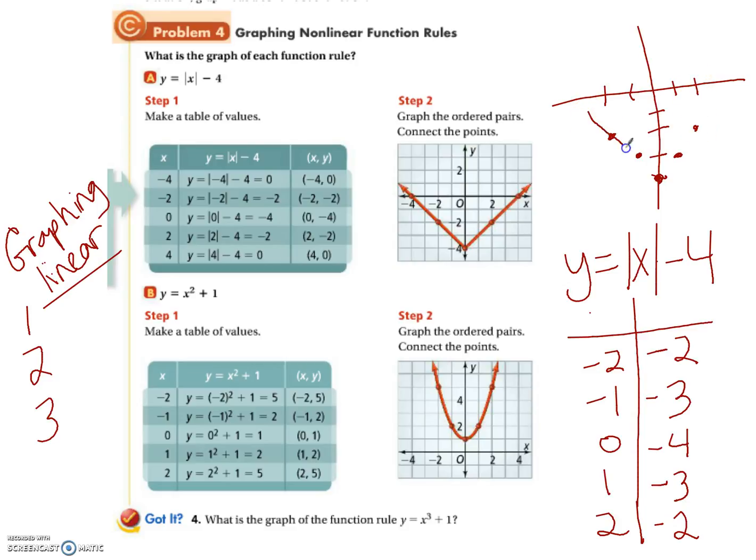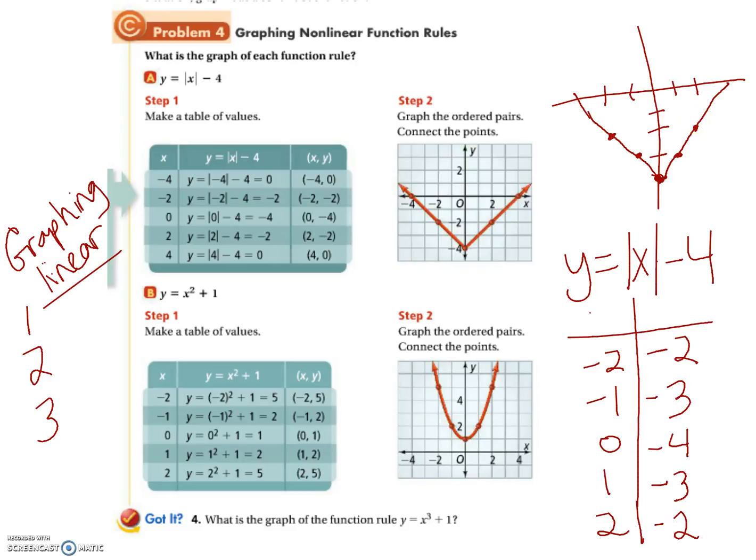Then we just connect the dots like we have been. This is an absolute value. Absolute value will always make a V shape. If you only get one side of it, you have to continue your numbers, but we won't focus on that yet. So we went from an equation to a table to a graph.